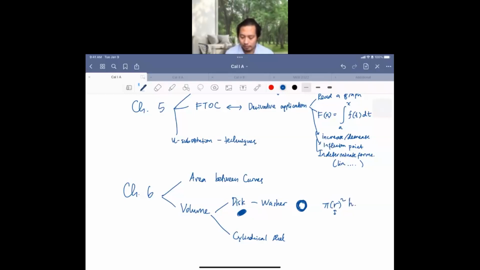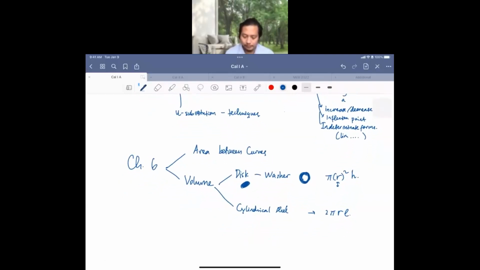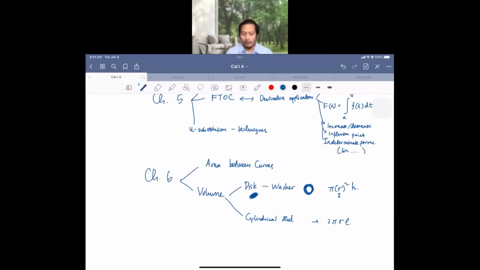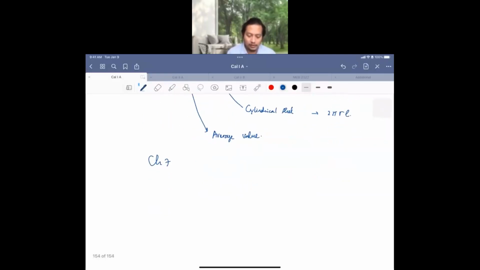And the cylindrical is 2 pi r l. And then chapter 6 is also about the average value.